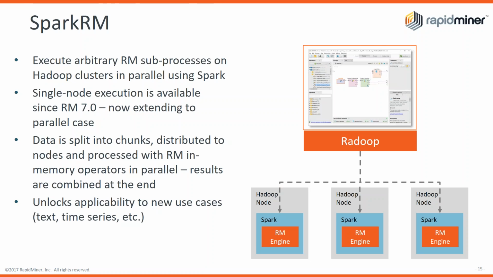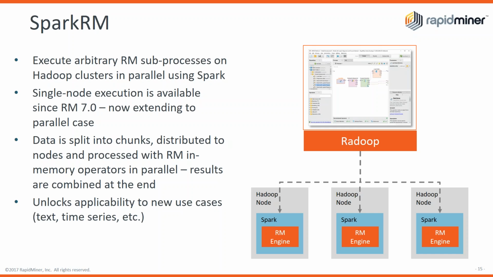Spark RM is a new operator that allows you to introduce operators and processes in it, not designed for Spark or for Hadoop, just the standard regular RapidMiner operators, and push them down to Hadoop nodes in parallel, right?